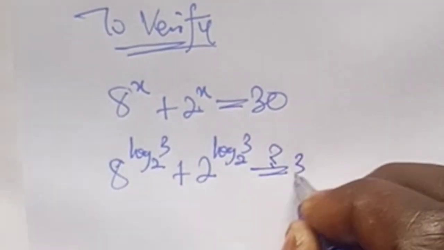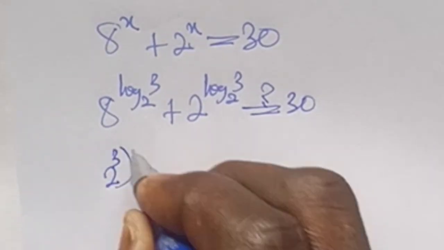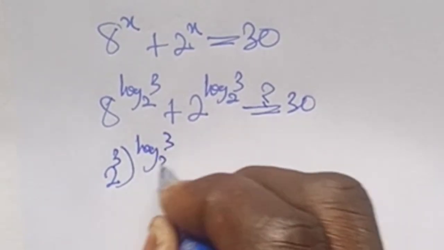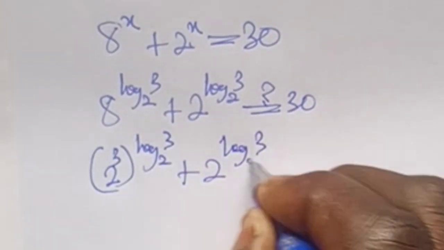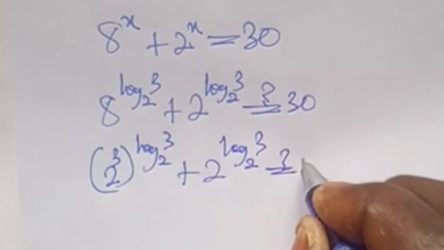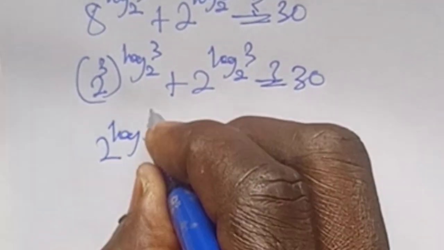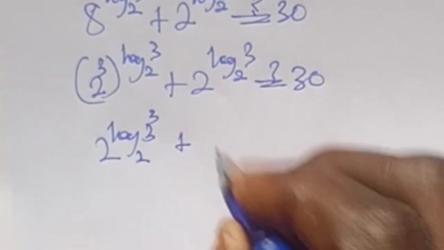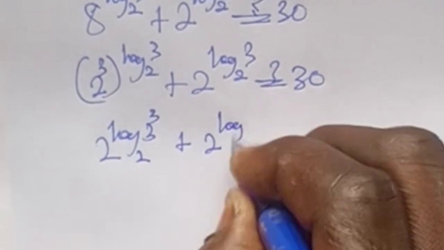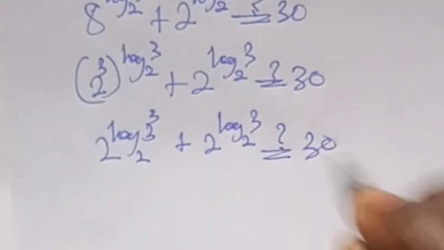Can this be equal to 30? 8 can be written as 2 to the power of 3, so we have 2 to the power of 3 log 3 base 2 plus 2 to the power of log 3 base 2. Can this be equal to 30? And this can be written as 2 to the power of log 3 to the power of 3, base 2, plus 2 to the power of log 3 base 2. We want to know if this gives us 30.